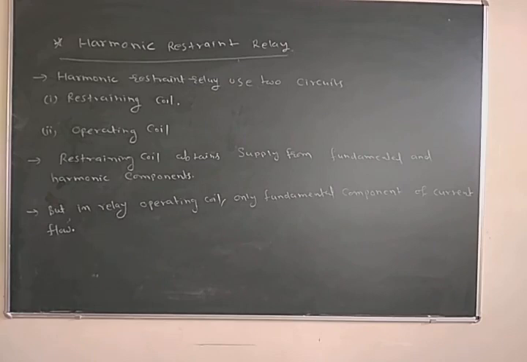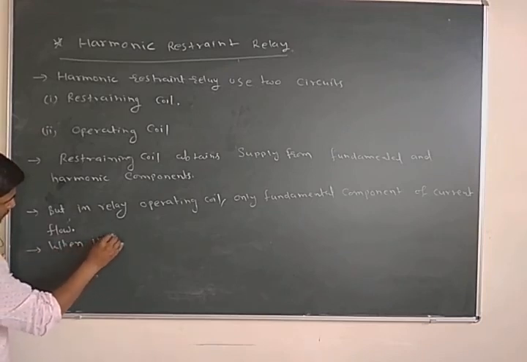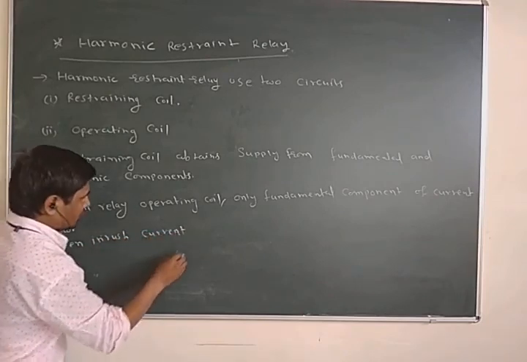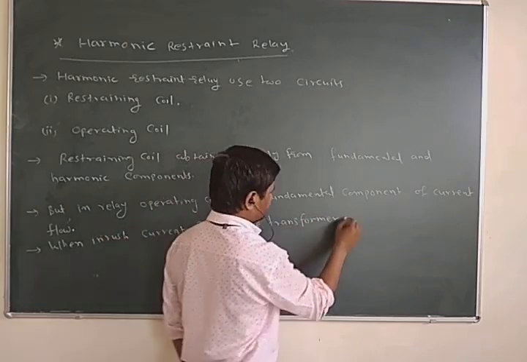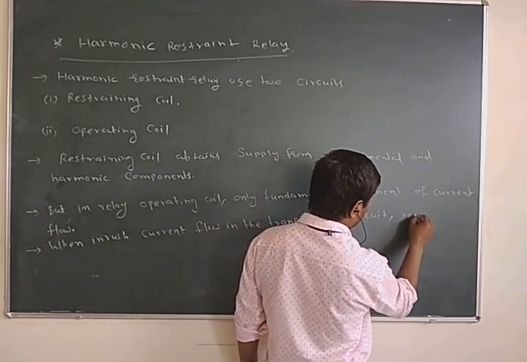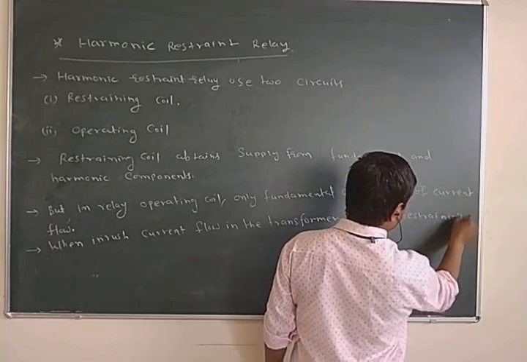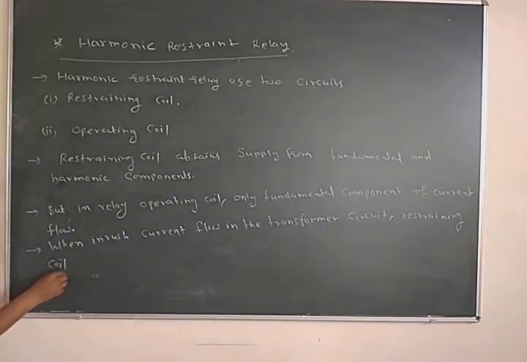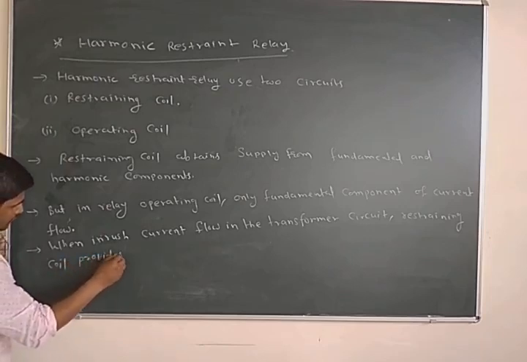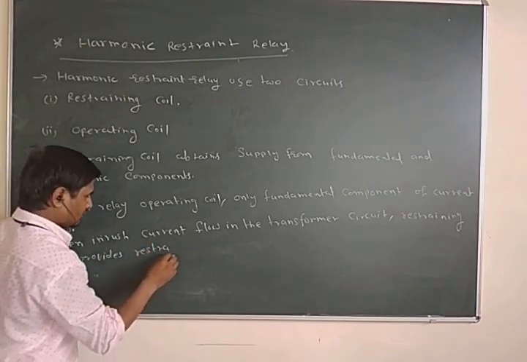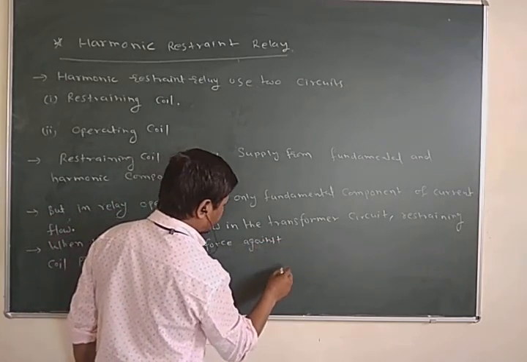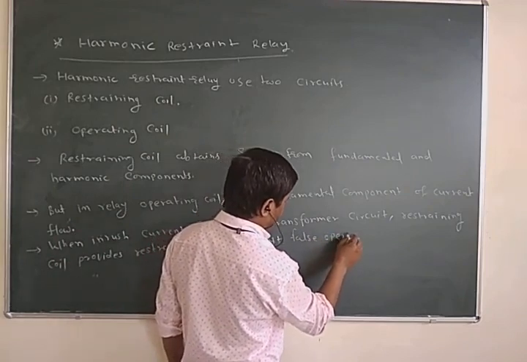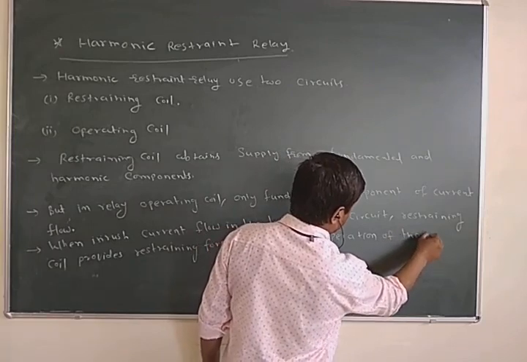So now, when inrush current flows in the transformer circuit, the restraining coil provides restraining force against false operation of the relay.